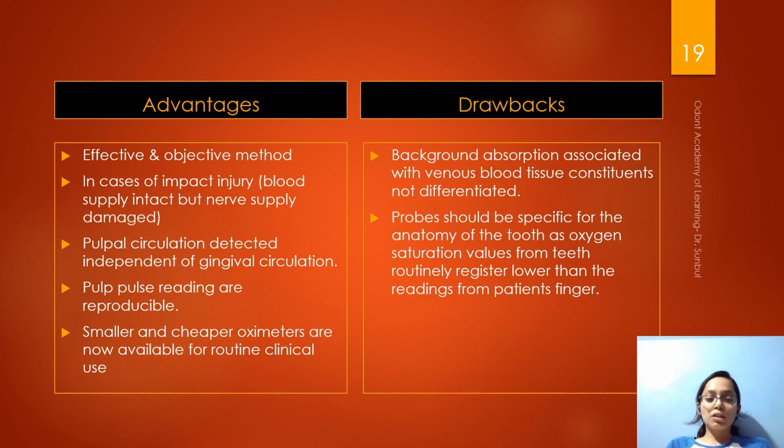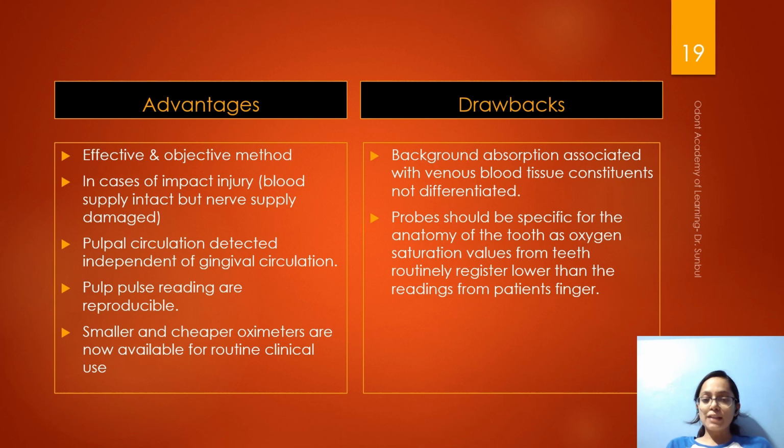Then pulpal circulation is detected independent of the gingival circulation, so we're not taking the gingiva's circulation into account. And the pulse readings are reproducible, they can be repeated over and over again, and it will give you the same response. The oximeters are very small, cheap, easily available, and can be used very easily.